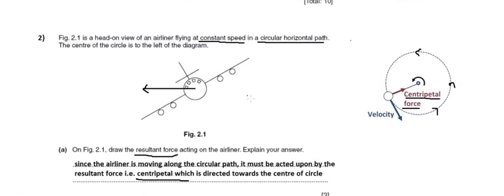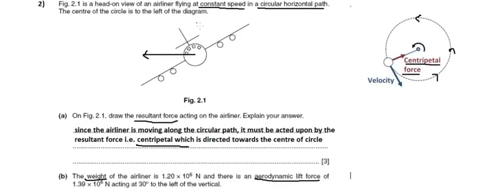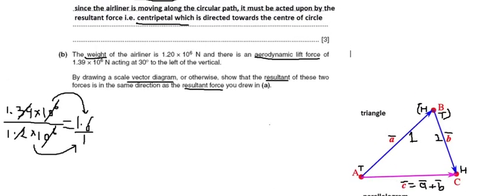So here roughly I will tell you what is happening with the help of the triangle law, and then we will draw the diagram. Here you can see the weight is acting in the downward direction. Here I can say this is the weight, and the aerodynamic lift is acting at 30 degree to the left of the vertical.